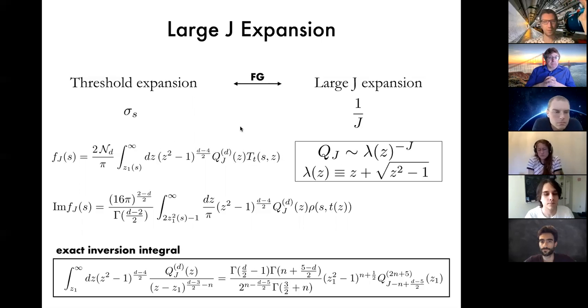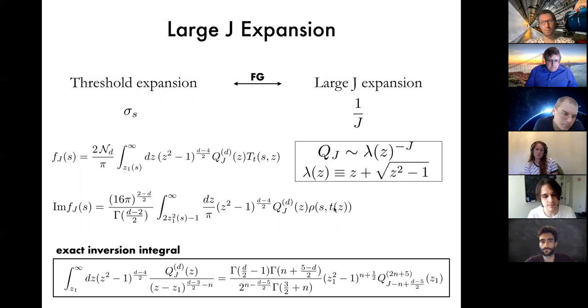I'll just say that if you take this integral and you try to crank out J, what you find is that this integral is dominated by small z close to the threshold, and therefore there is a direct mapping. The expansion in this sigma variable becomes an expansion in 1 over J. So now you can find both f and the imaginary part of f by knowing the behavior of the discontinuity and double discontinuity close to threshold.